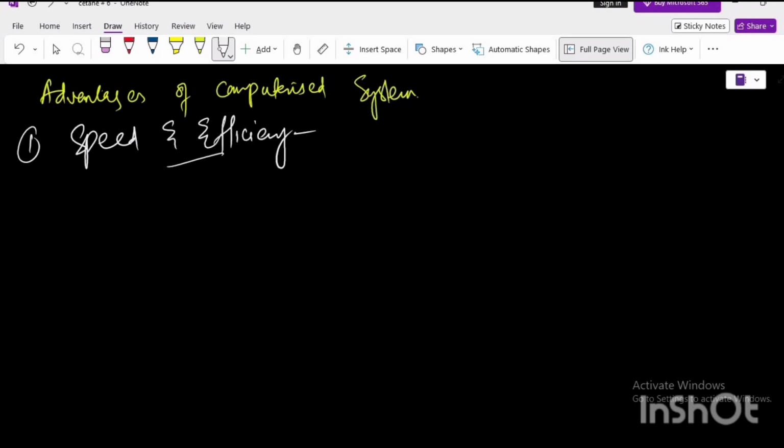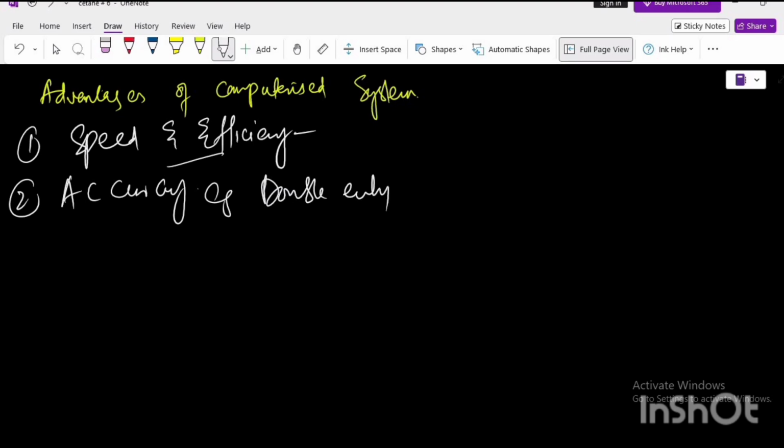The second one I will write here, that is accuracy. And accounting rules like double entry are built into the system, and software automatically does correct calculations, and errors are rare if the system is set correctly. So this means that the computerized accounting system makes sure that everything is accurate by enforcing accounting rules.